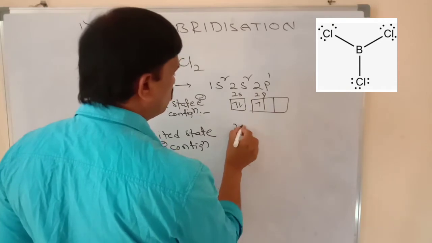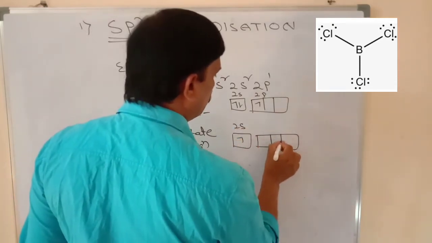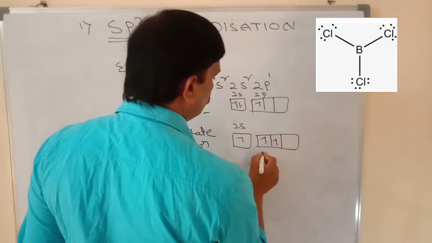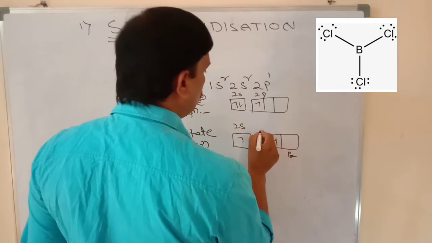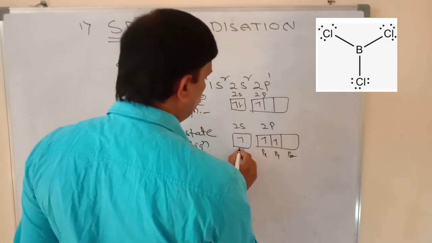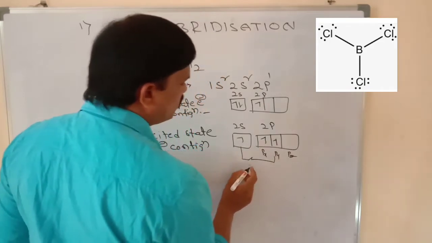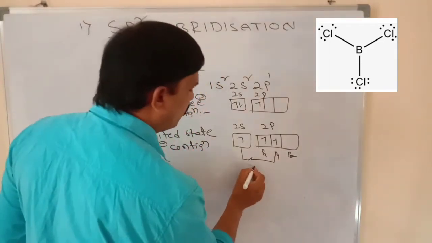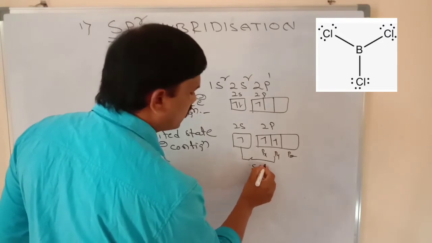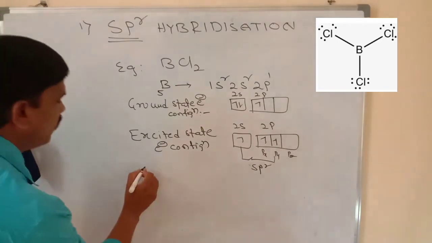Now this is px, this is py, this is pz. One 2s orbital and two 2p orbitals combine to give orbitals of equal energy and equal shape, that is the sp2 hybrid orbital.